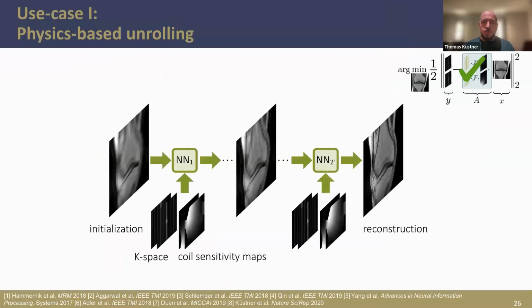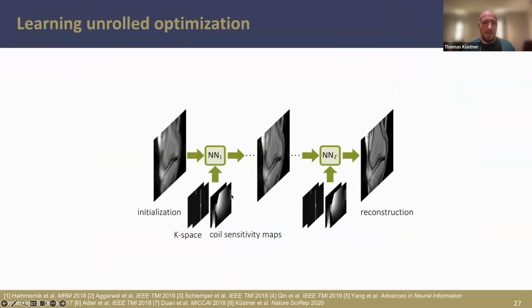So to show you a little bit how this all comes together, I want to step you through a use case of physics-based unrolling, where we also have this example code in the GitHub repository. Again, this is neural networks over several iteration steps, where you have data consistency and a learnable regularizer.